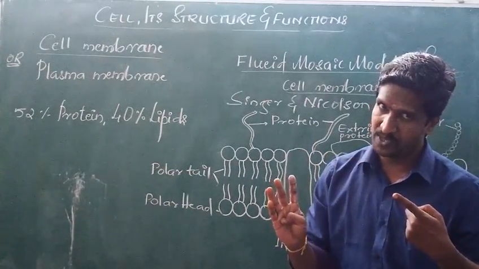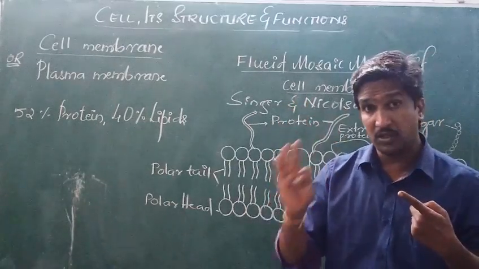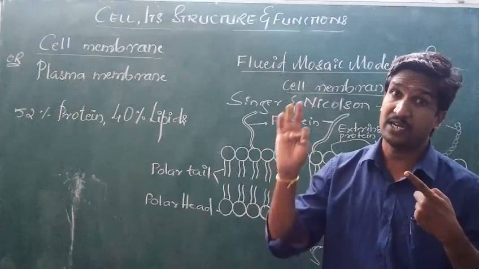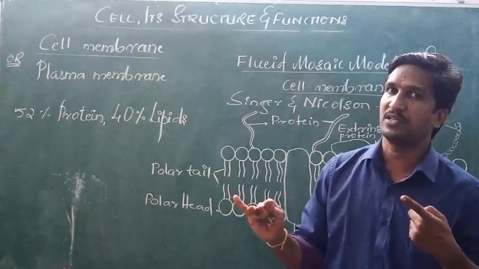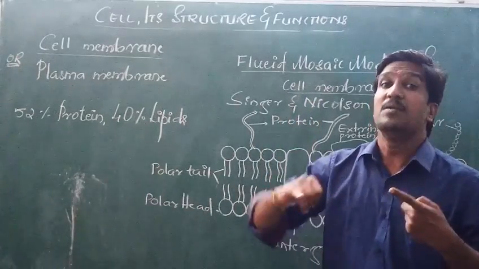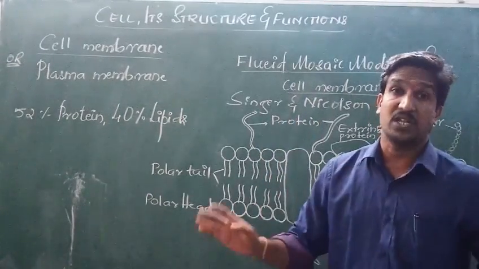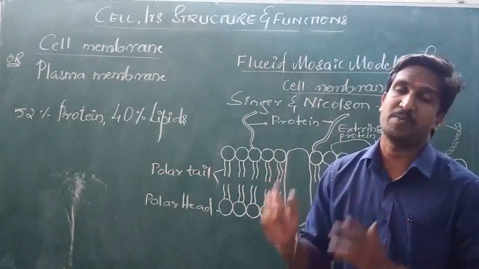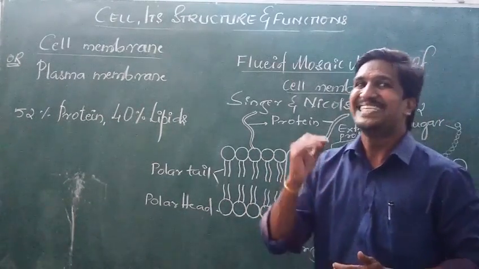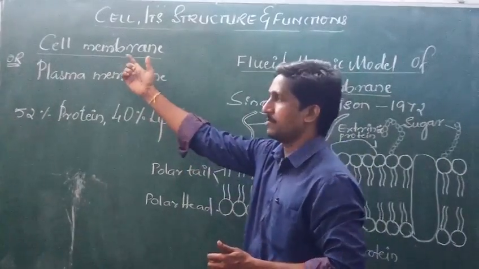But in fungi, all the cells consist of a cell wall. Then in plantae, all the cells present in the kingdom plantae consist of a cell wall. Then the cell membrane is present in all the cells, whether prokaryote or eukaryote, any cell. Because of that, first we are learning about the cell membrane.